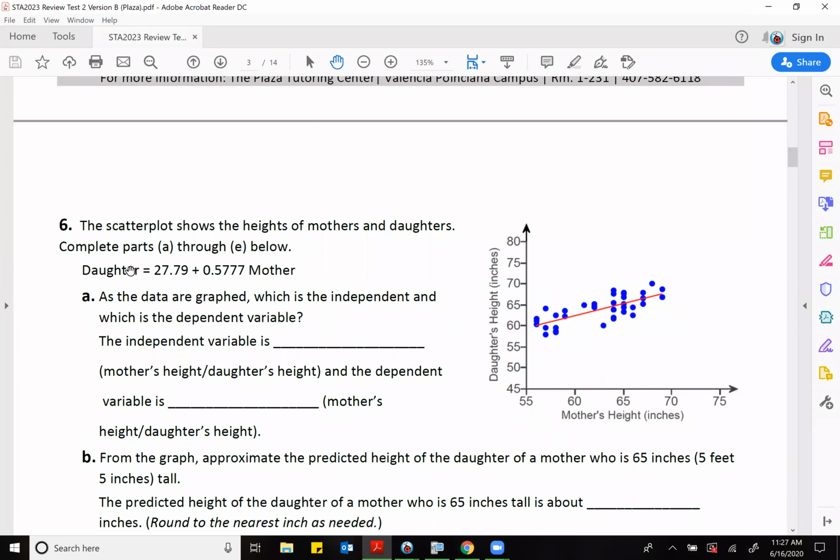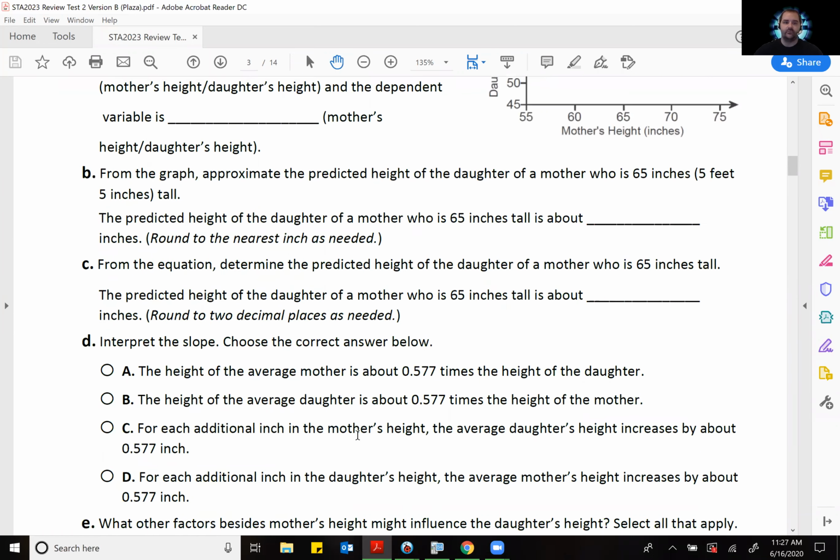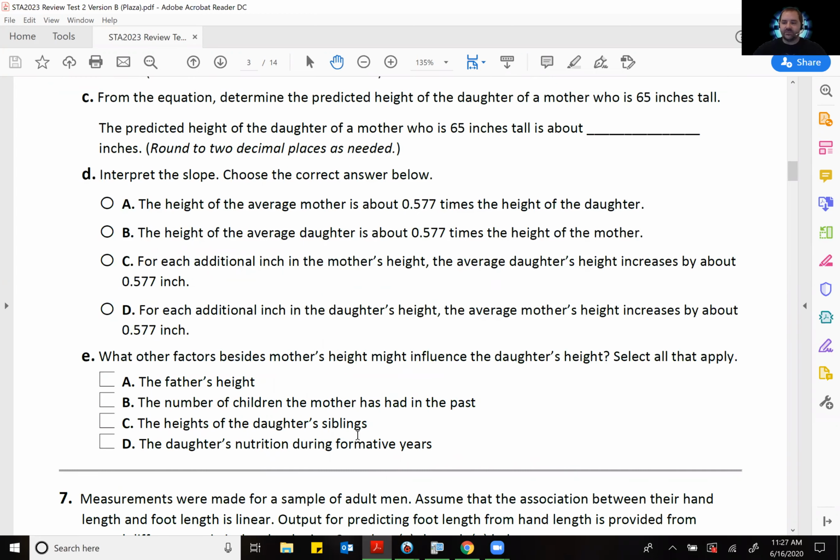The dependent is always what it's equal to, because the daughter depends on the mother. But you are correct with C, because right here, this is the part that I was talking about for the X. Whenever we add 1 inch in mother's height, the average daughter's height increases by that slope. Good job.